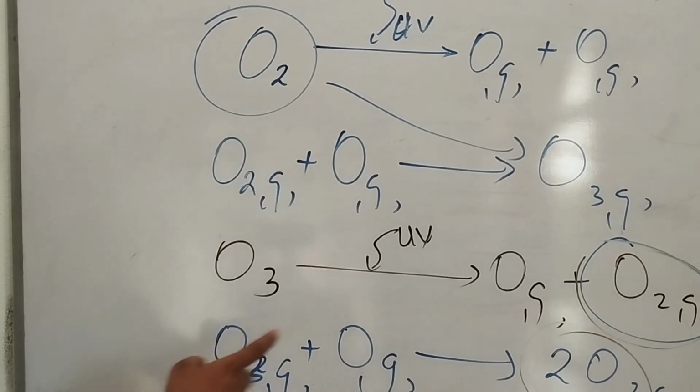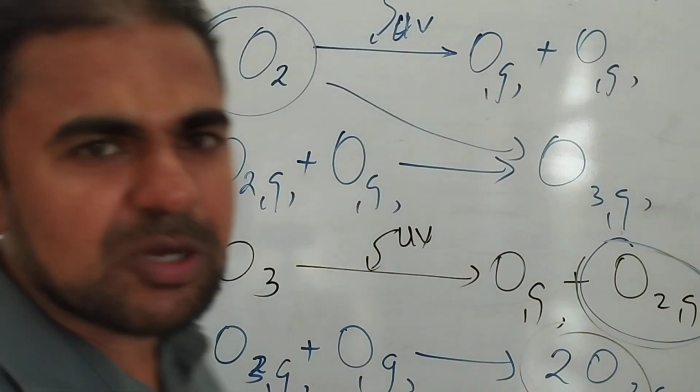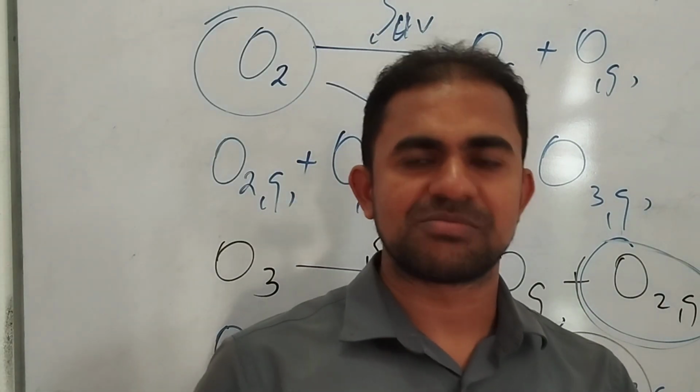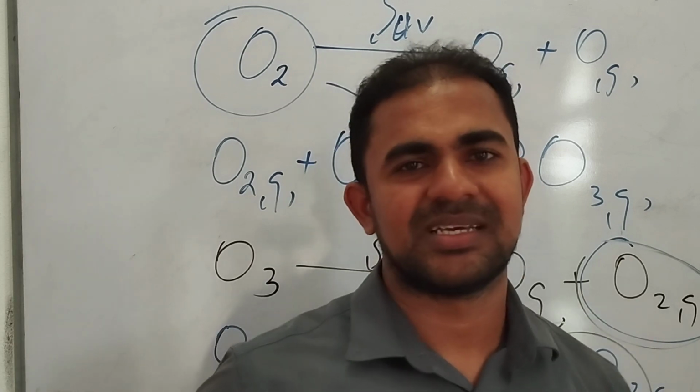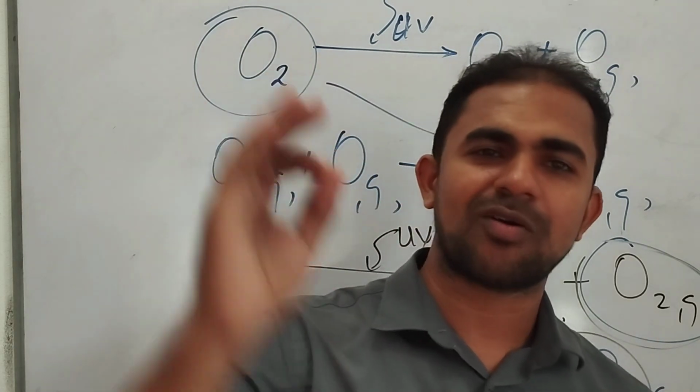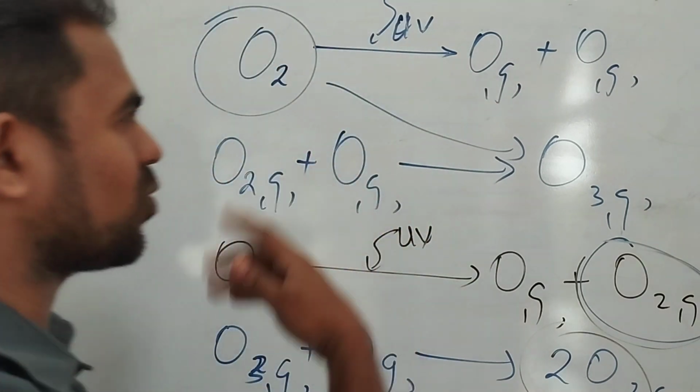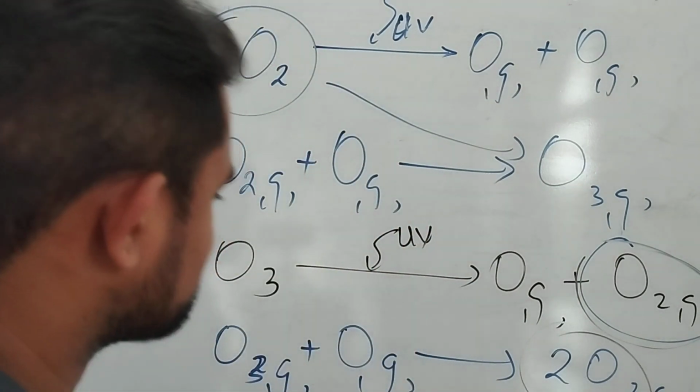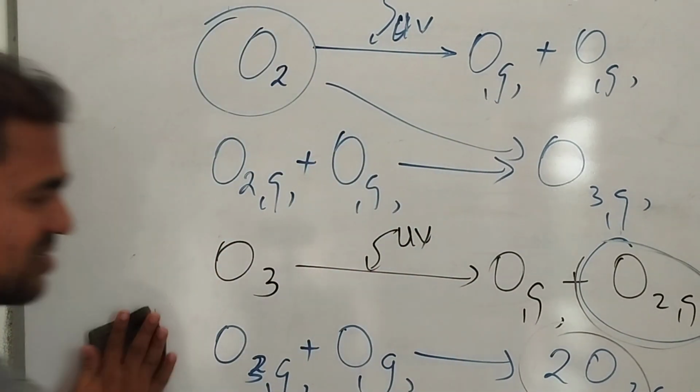Natural destruction of the ozone occurs by absorbing UV rays. This equilibrium state is collapsed by the ODS, or ozone depleting substance. How it occurs, we'll discuss.